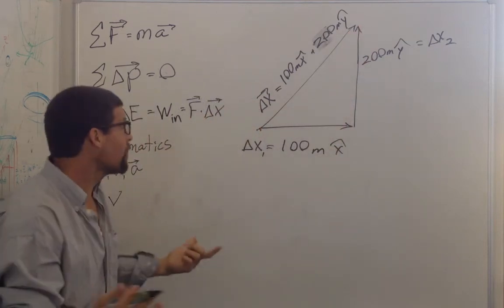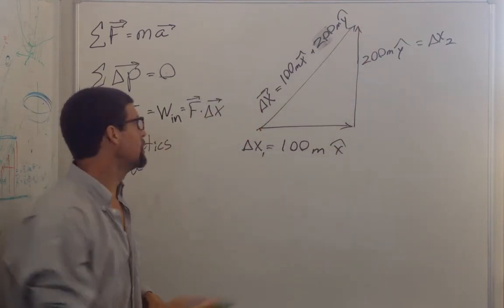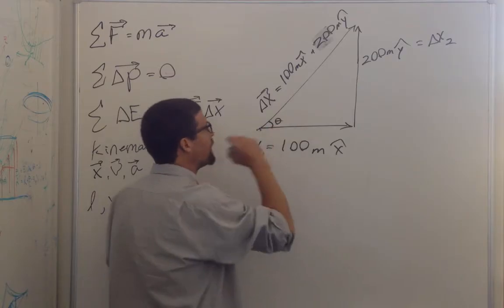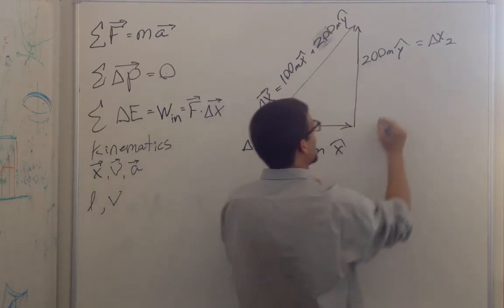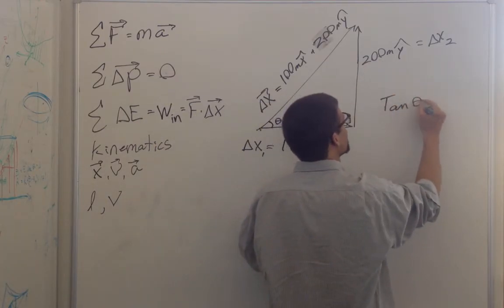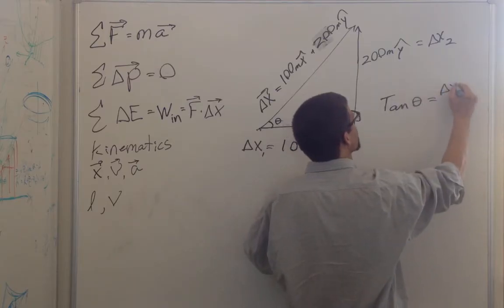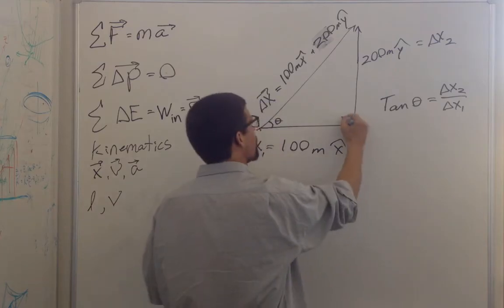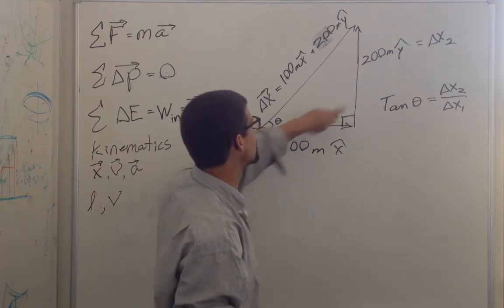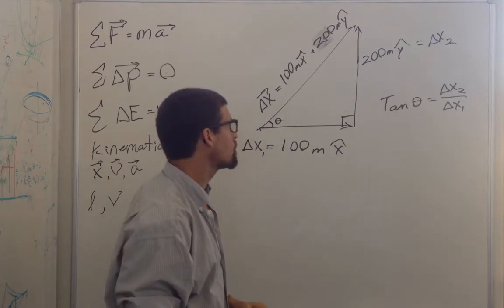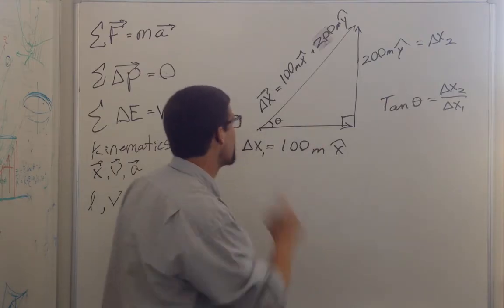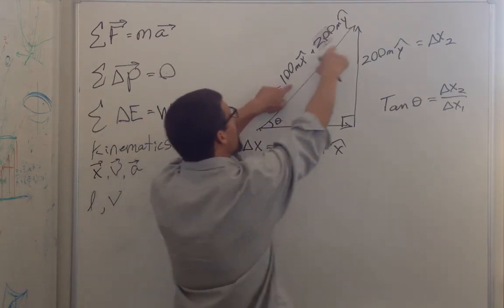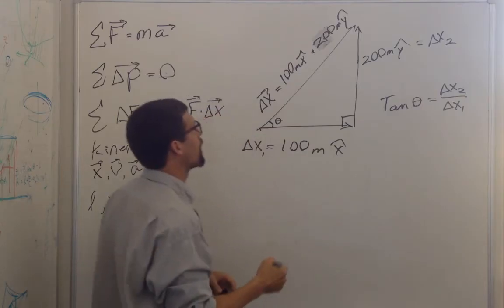But there's another way we can do it, with angle and magnitude. We can say there's some angle theta, such that tangent of theta is equal to delta x2 over delta x1, right? Because this is a right triangle. That's the adjacent side, that's the opposite side. So I can define the angle and I can define the magnitude. We square these, add them, and take the square root.